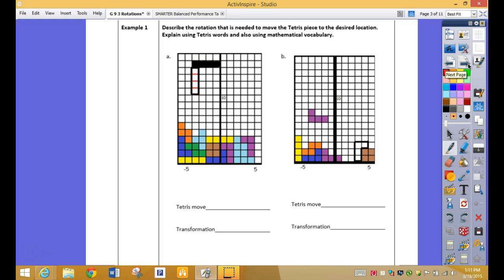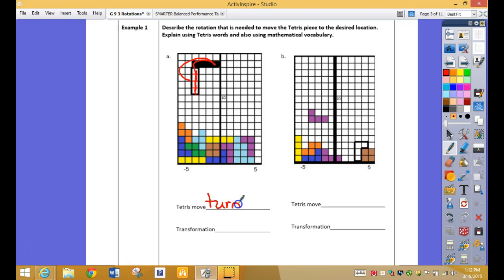Tetris. So to get from this to this, what did I have to do? In the words that you used to know, what did you have to do to take this and get it to be in this position? You had to what? Turn. Okay, I'm hearing the wrong word. What were we just talking about? What two words?